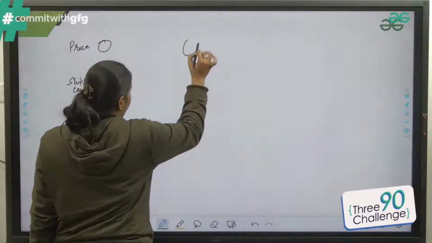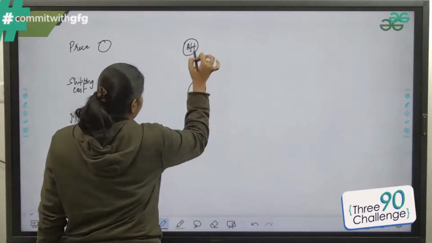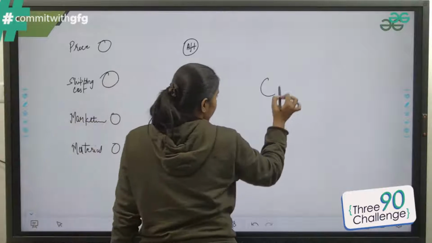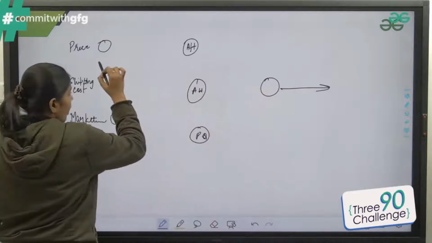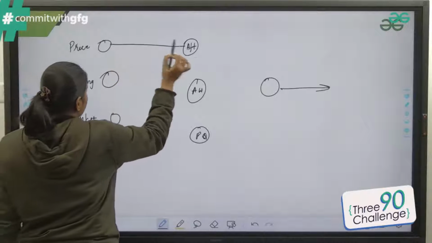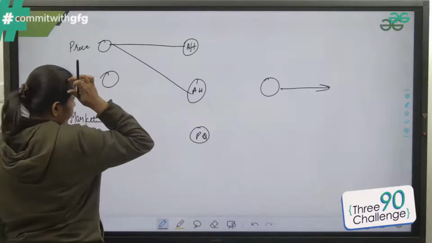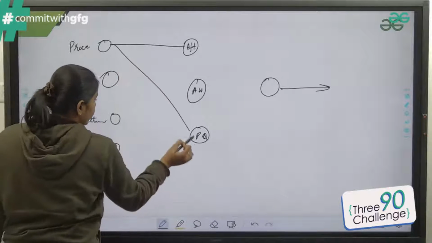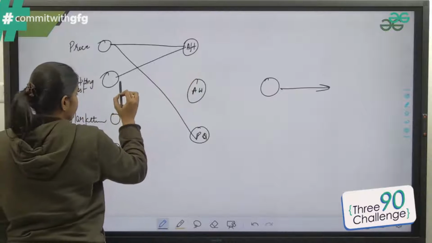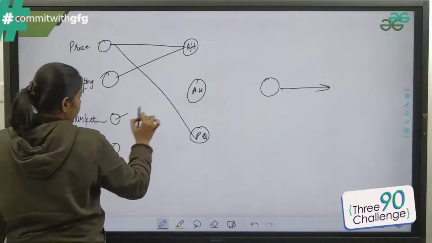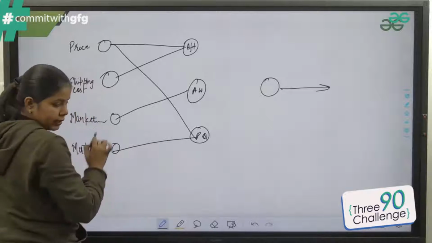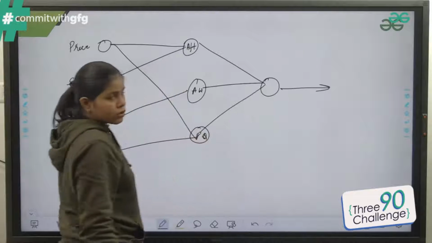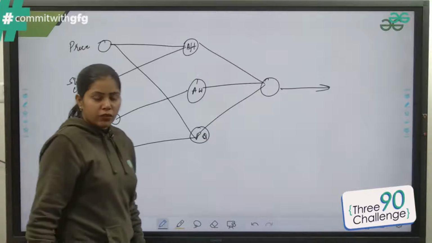Then we have affordability, awareness, and perceived quality, and then one more neuron which gives me the probability. Price and shipping cost go to affordability, marketing goes to awareness, and material goes to perceived quality. This is the diagram we have, and we'll use all these three features to get an output. Can anybody tell me the number of trainable parameters?